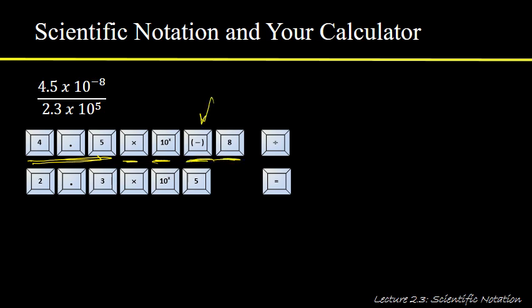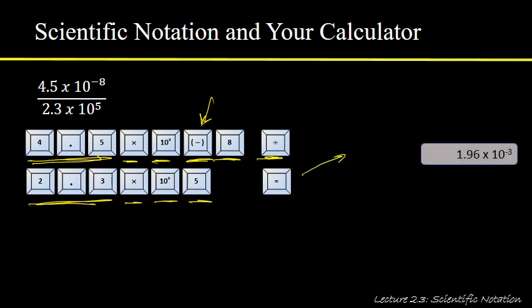You've also got this negative key on your calculator, divided by 2.3 times 10 to the 5. And if you hit the equal sign, you get that result there, right? And the problem is that this result is not correct.